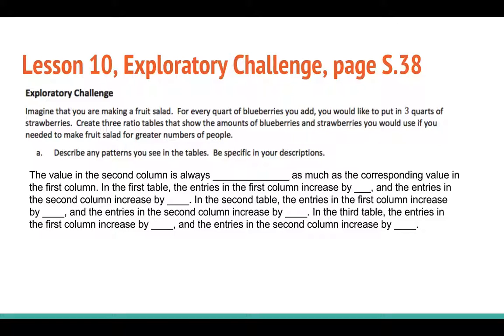And the entries in the second column increased by what? In the third table, the entries in the first column increased by what number? And the entries in the second column increased by what number? So look at what number you added on each side of the table, and that's what's going into those blanks.